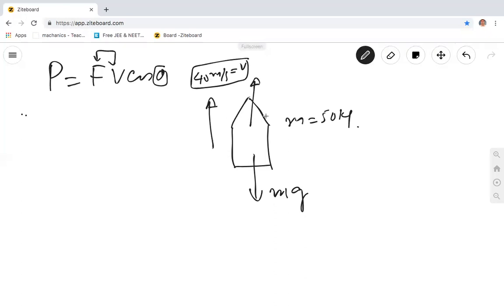Force equals ma, so acceleration, mass. How much force do I need to create in the upward direction so that the rocket moves with constant velocity?